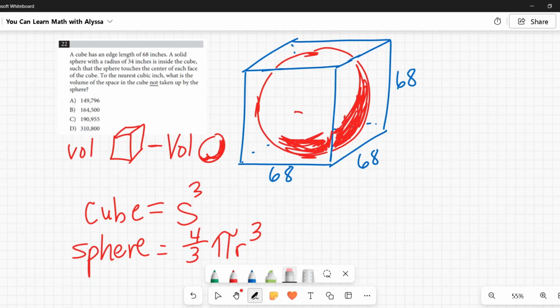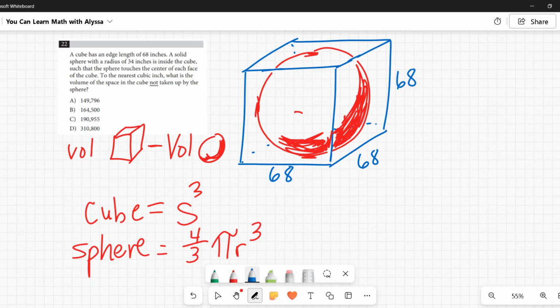Using the pi button on your calculator is the best way to do it in these problems. We're going to use that pi button to get an estimate to the nearest cubic inch, which is what they're requesting. At this point, we just need to make sure we are inserting the correct numbers and doing this math correctly.